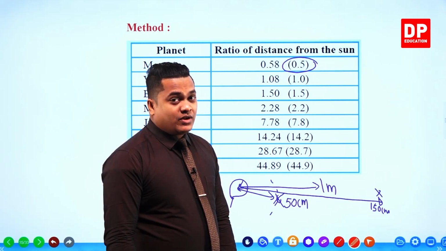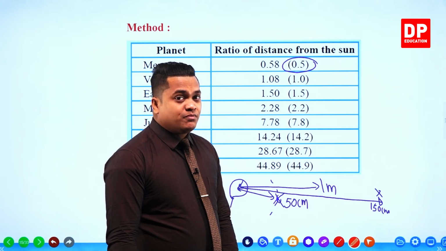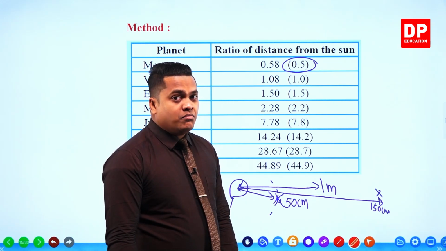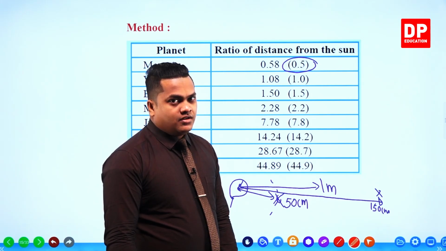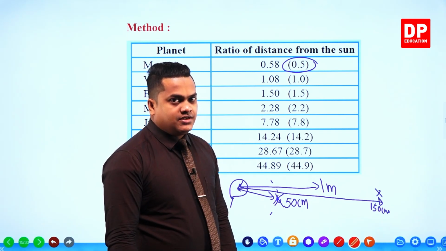So by that you can get a certain idea how far each planet is located from our sun. You can clearly identify the ratio between the distances here.